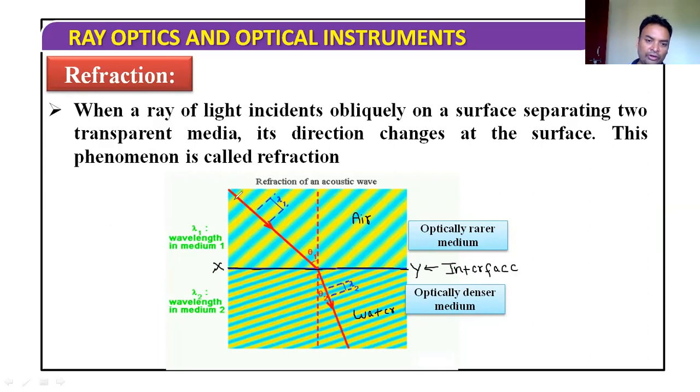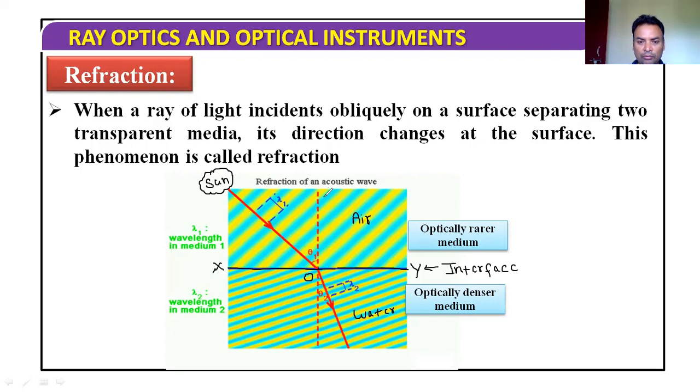So I take one ray of light coming from the sun or any light emitting object. Obliquely, it reaches the interface at this point. Let me call this point O. The ray reaches point O and makes an angle theta 1 with the normal.